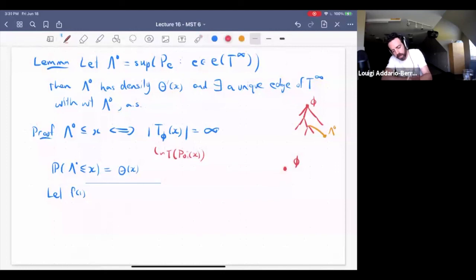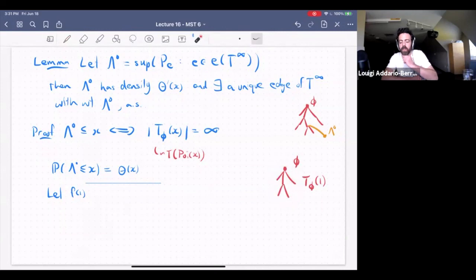If I look at the tree T theta 1, so I only have edges of weight at most 1, that's a critical Poisson tree, so it's almost surely finite. And so I can look at the smallest weight edge leaving this finite tree.